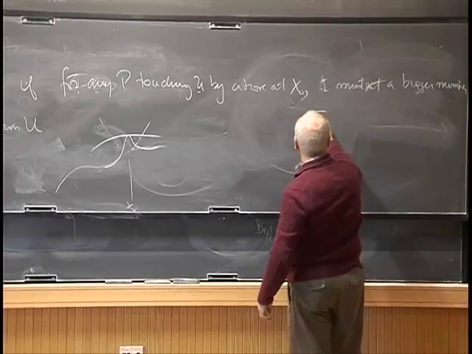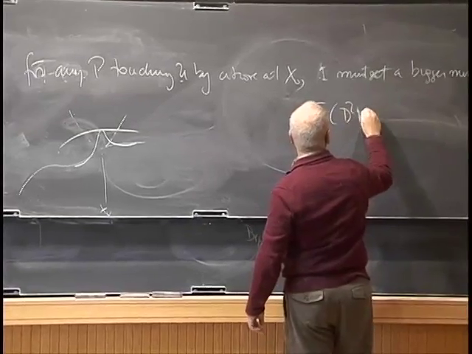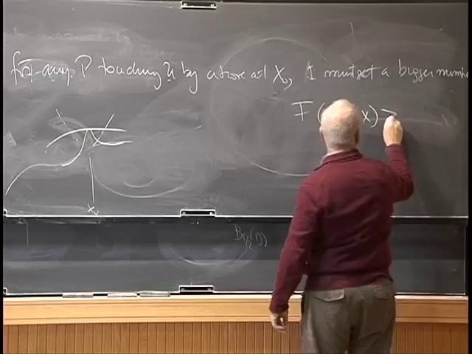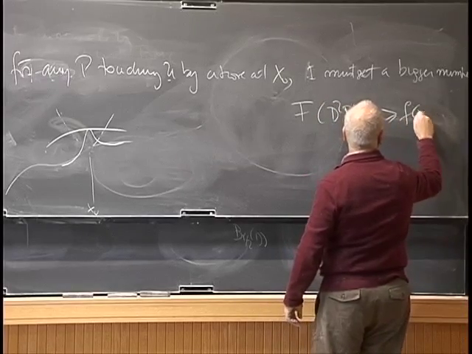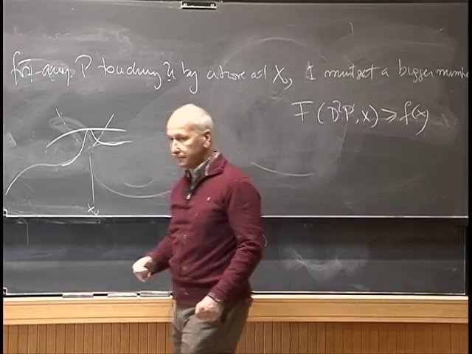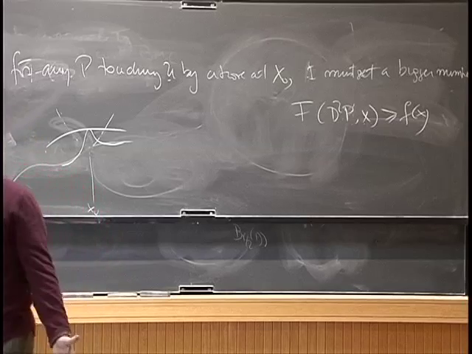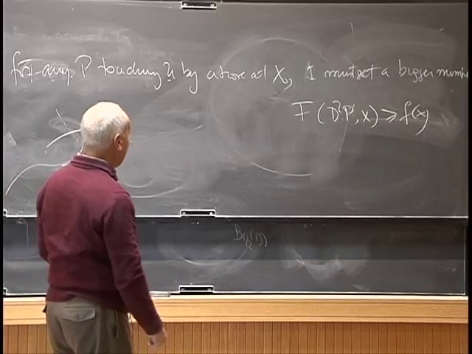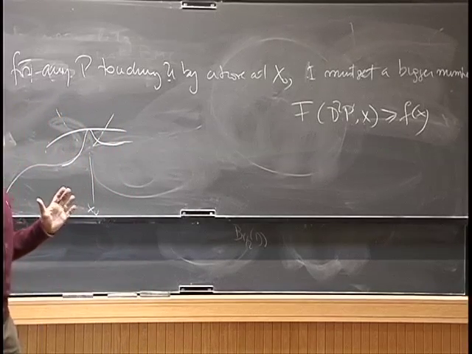This f of d square of p, x has to be bigger, and if I touch it from below, I have to get a smaller number. So you see, this is what is reasonable.